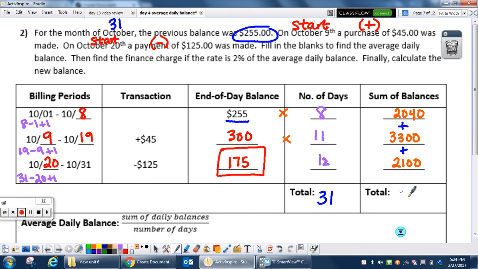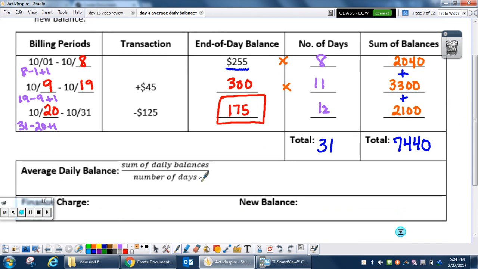So that total is 7,440. So now we're going to calculate that average daily balance. So we take 7,440 divided by 31 and we get 240. So that's just the number we're going to use the finance charge on.